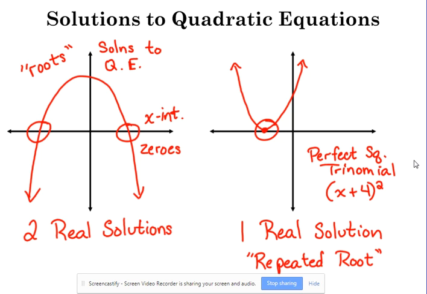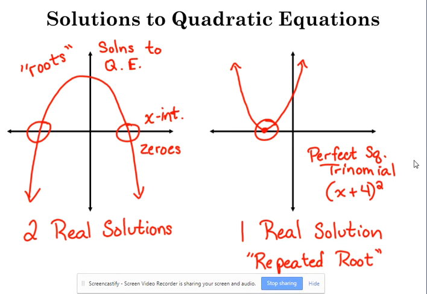Okay? So we've got one solution. And then our last scenario is that we may have no solution. It may not touch the x-axis at all. And in that case, we have what we call imaginary solutions.